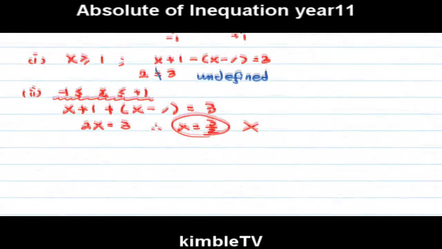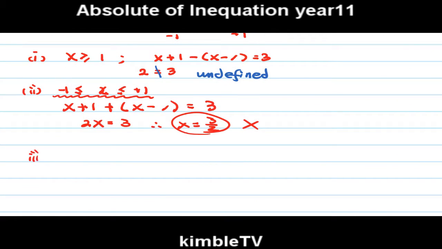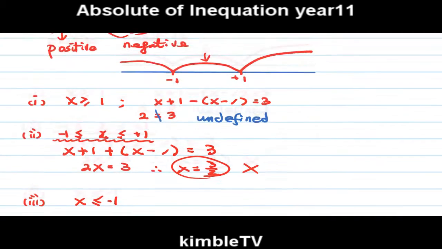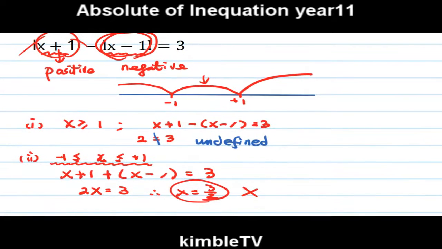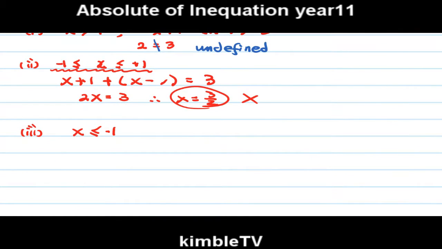And third case, when x is less than or equal to -1, both are negative. Therefore, when you remove the absolute value sign, you should attach minus. And minus x plus 1 minus, and minus times minus plus x minus 1 equals 3.